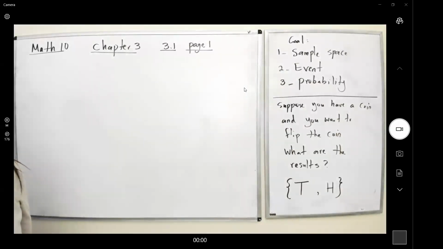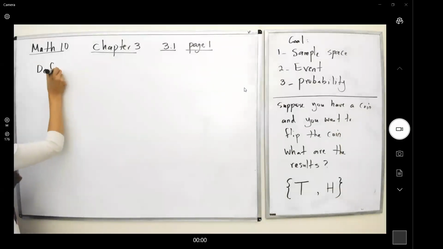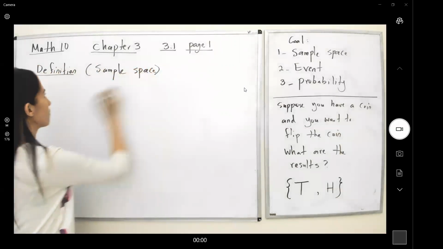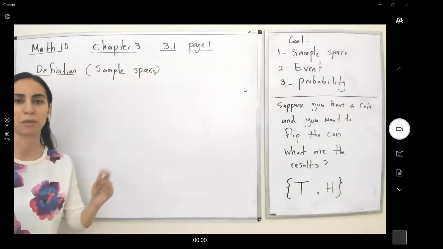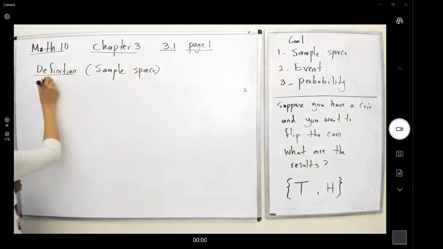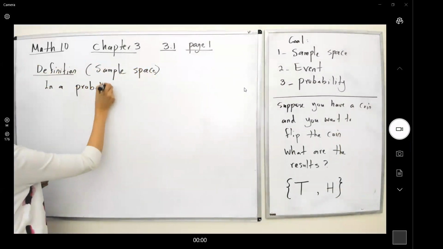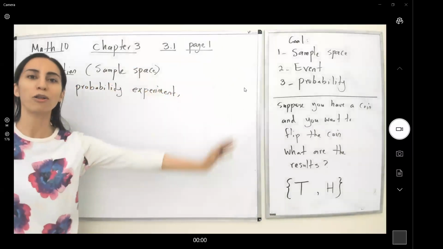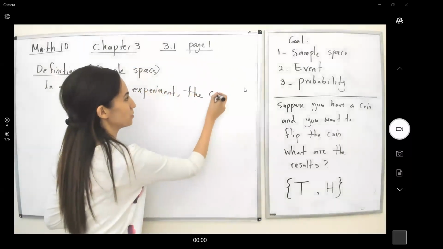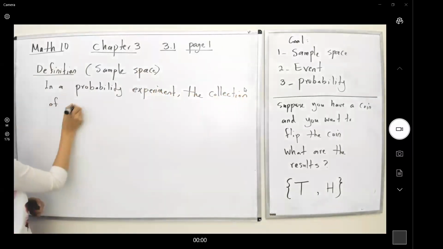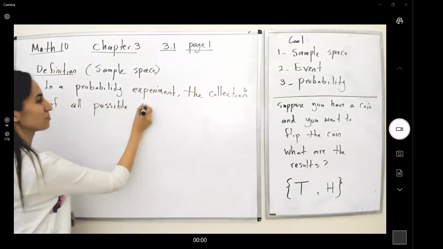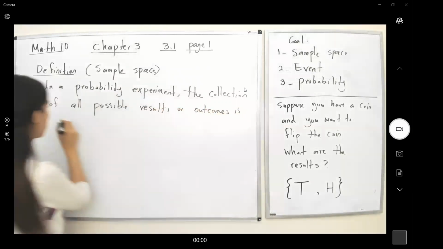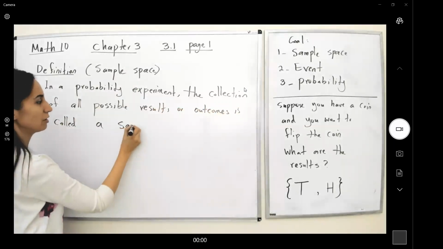So officially, we say that the definition of sample space: in a probability experiment, so we are experimenting, the collection of all possible results or outcomes is called a sample space.